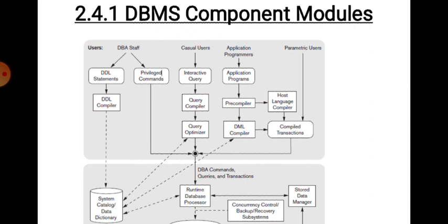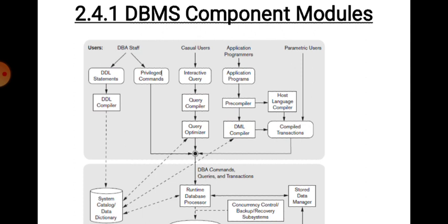The DBA staff interacts with DDL statements and privilege commands, whereas casual users have interactive queries, and application programmers have application programs. DDL statements are compiled by the DDL compiler and the interactive queries are compiled by the query compiler.